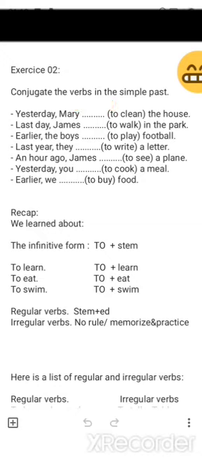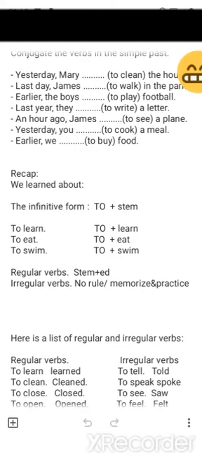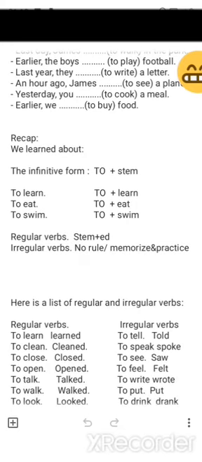We cannot decide whether a verb is regular or irregular just by looking at the verb. As we said earlier, we have to memorize the verbs and practice, and we do not have to worry. That's not very hard. You just have to memorize and practice, and that will make it easier for us to learn.